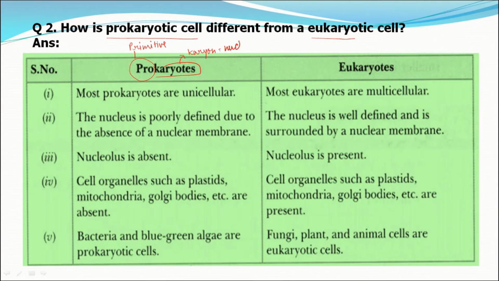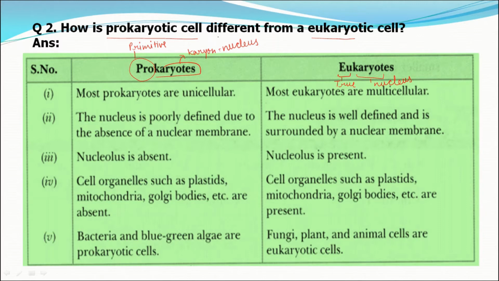So we can say the organisms which have a primitive type of nucleus are known as prokaryotes, and the organisms which have a true nucleus are known as eukaryotes. Eu means true, so eukaryotes are the organisms which have a true nucleus.